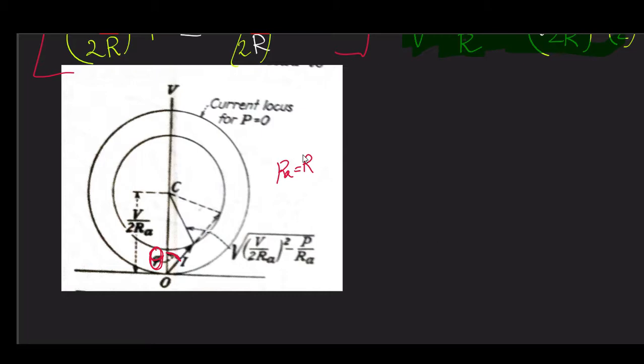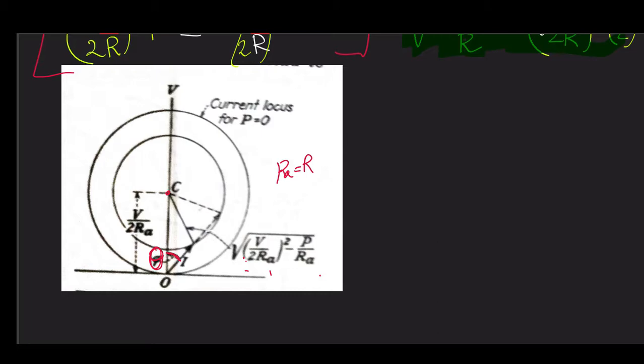This circle's center is at a height of V by 2R, that is of current. Now the radius is given by this. We have already discussed that for a constant current, this much is constant: the square root of V by 2R square minus P. So this becomes the two sides of the triangle.